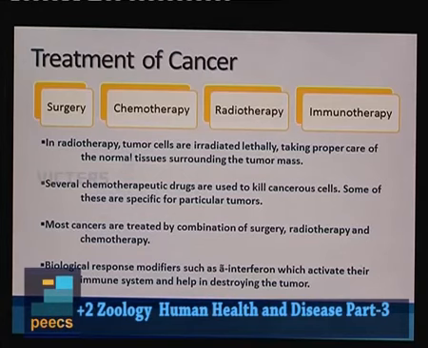Chemotherapy or chemotherapeutic drugs are used to kill cancerous cells. Directly they can kill cancerous cells, but there are a lot of side effects for chemotherapeutic drugs or for chemotherapy, because it may result in alopecia or loss of hair sometimes, and it may even lead to anemic conditions. So, these are side effects of chemotherapy.